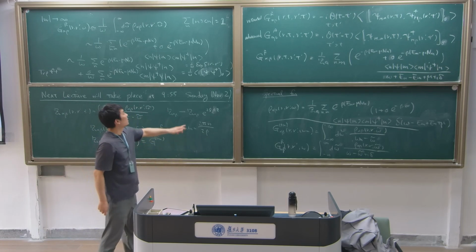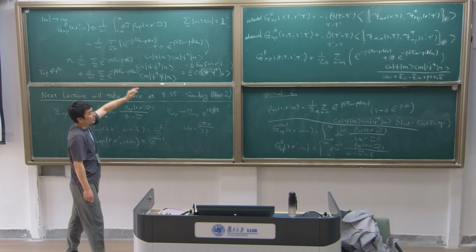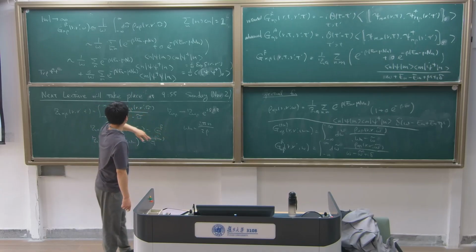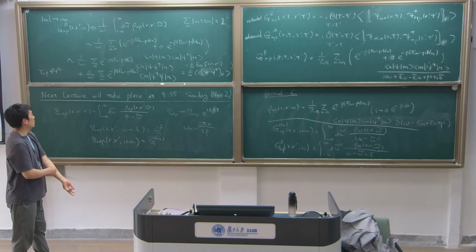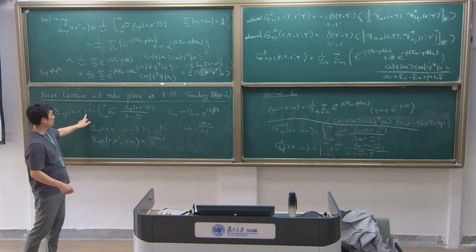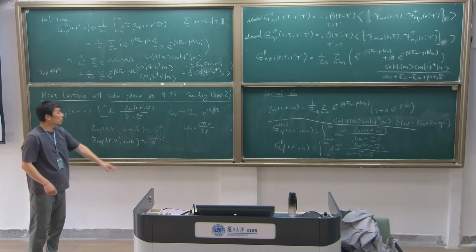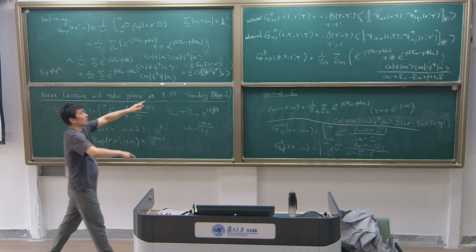So if you introduce capital omega going to infinity, these functions behave okay. If you plug this on omega in this way, it becomes a delta function.